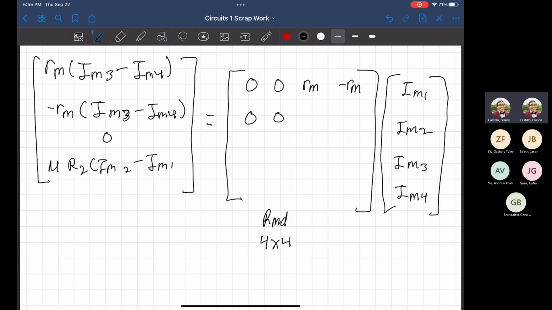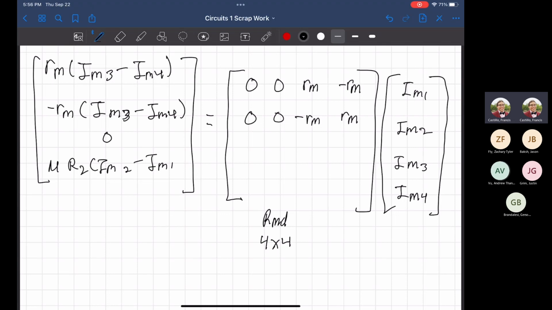What we're doing is distributing it out and seeing where exactly our mesh is, and what is happening with our dependent sources. In mesh 1 and mesh 2, nothing's really going on there. Based off our substitution we did for I7, we know it would be this behavior for mesh 2 given our RM.